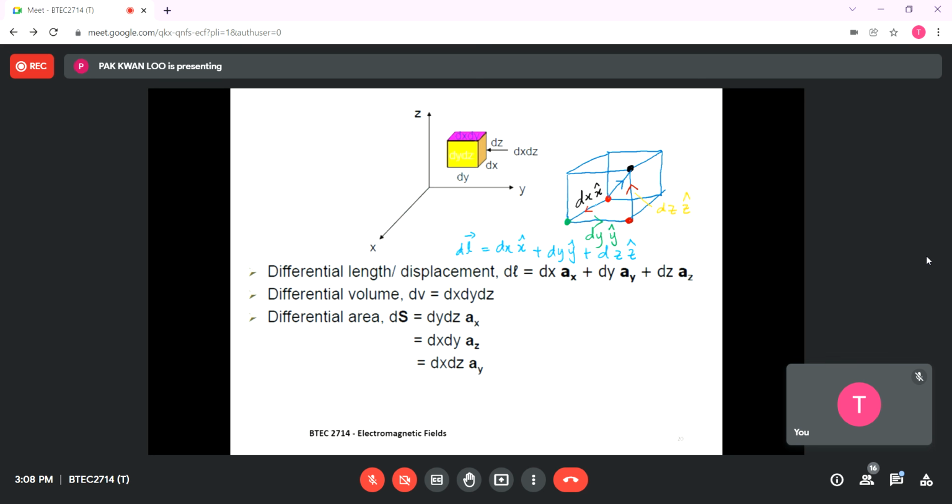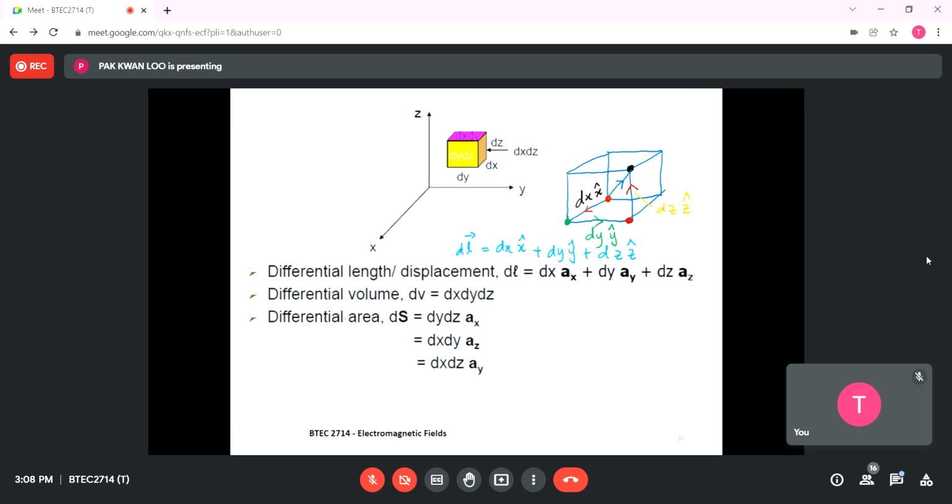The differential volume is simply dx multiplied by dy multiplied by dz. When we talk about volume, there is no direction. As you can see, when we say displacement, there is a direction, so we have to associate the differential length with the direction of x, y, z.